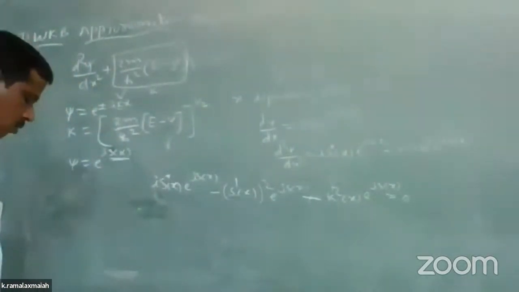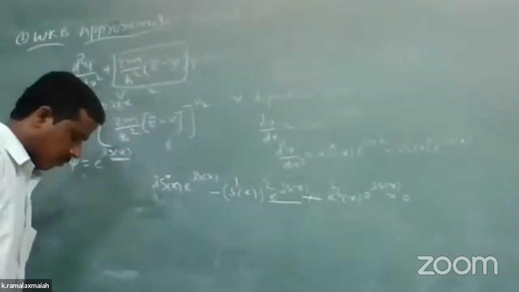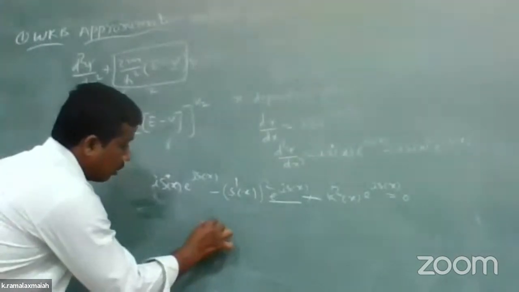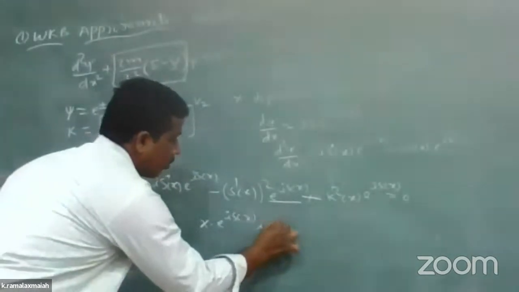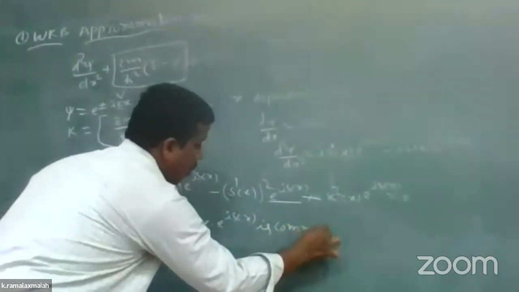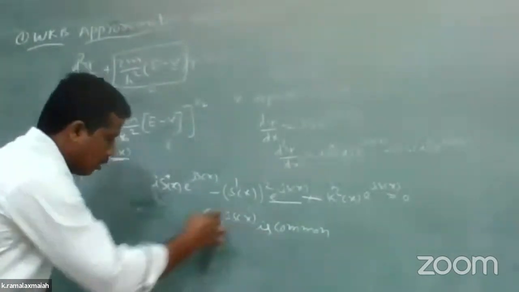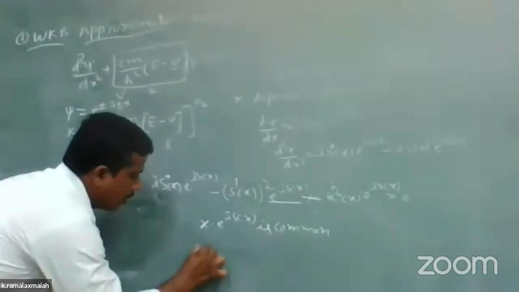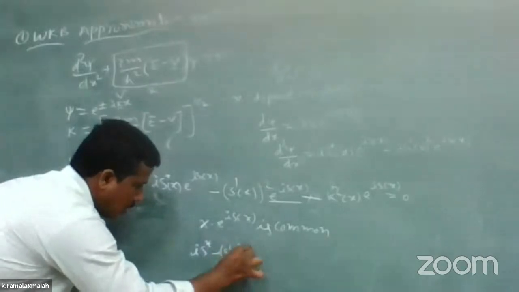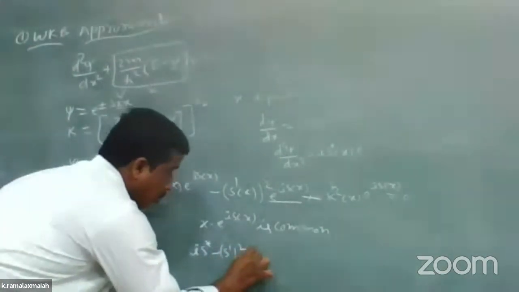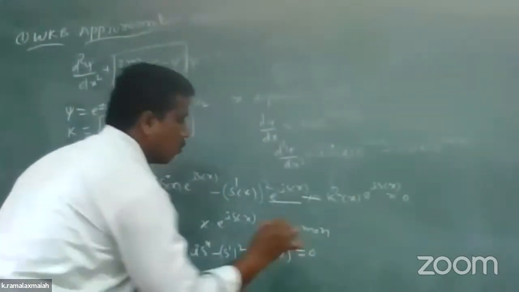The common factor is e power of i s of x. So after we change the equation, i s double dash minus s dash square plus k square of x is equal to 0.